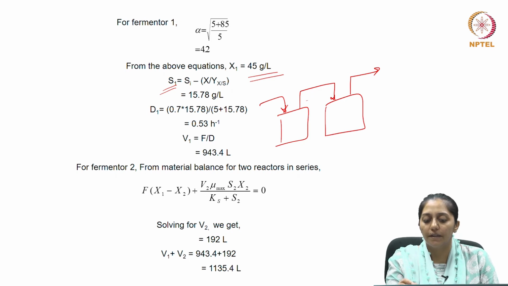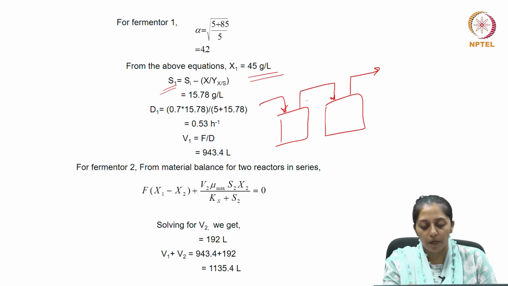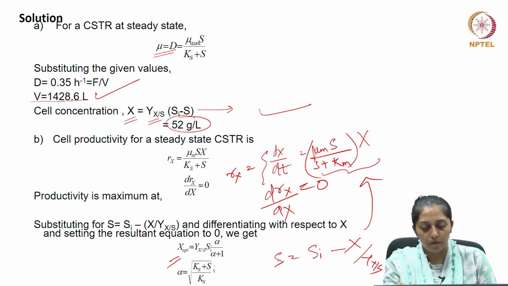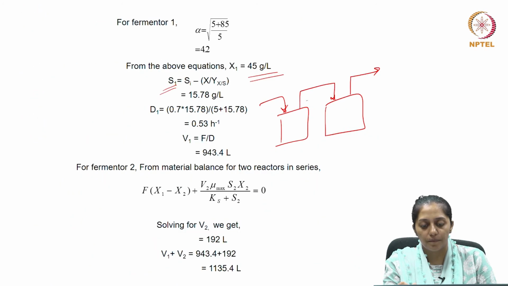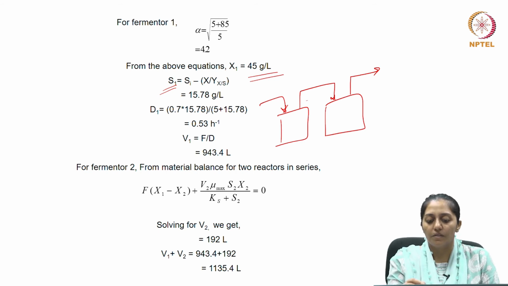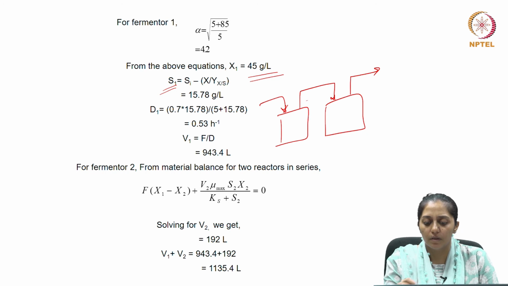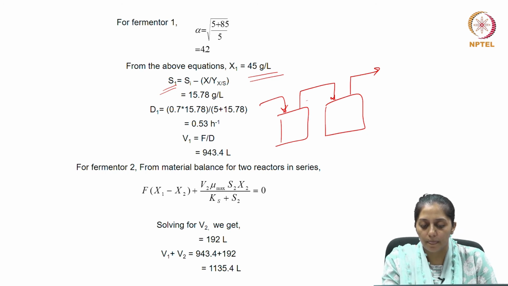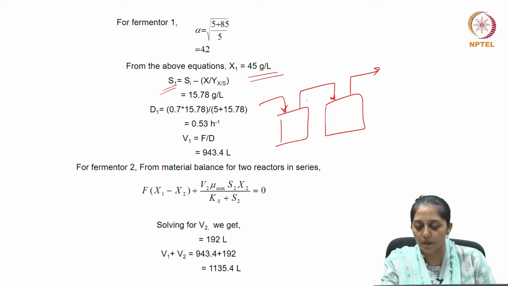So, now we can find out the biomass from the first reactor and the substrate which is coming out from the first reactor. Once we know the substrate, we can find out the dilution rate because it is equal to specific growth rate.